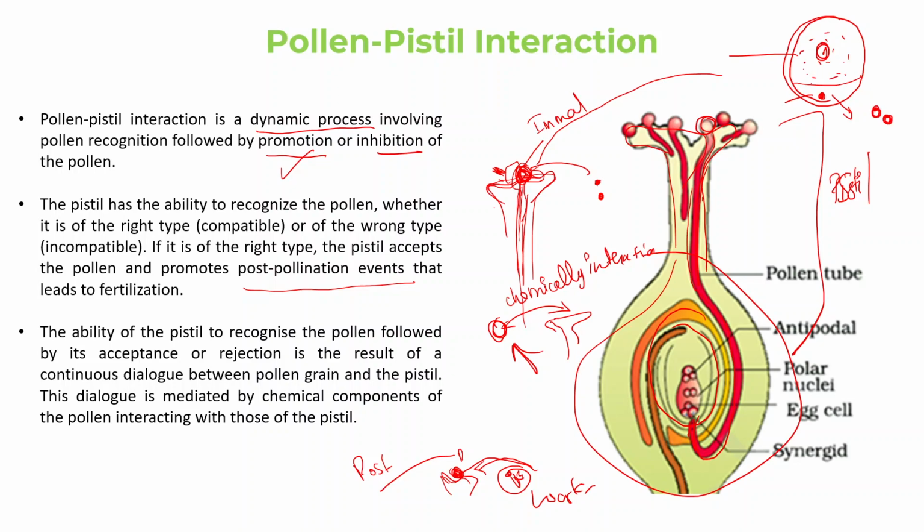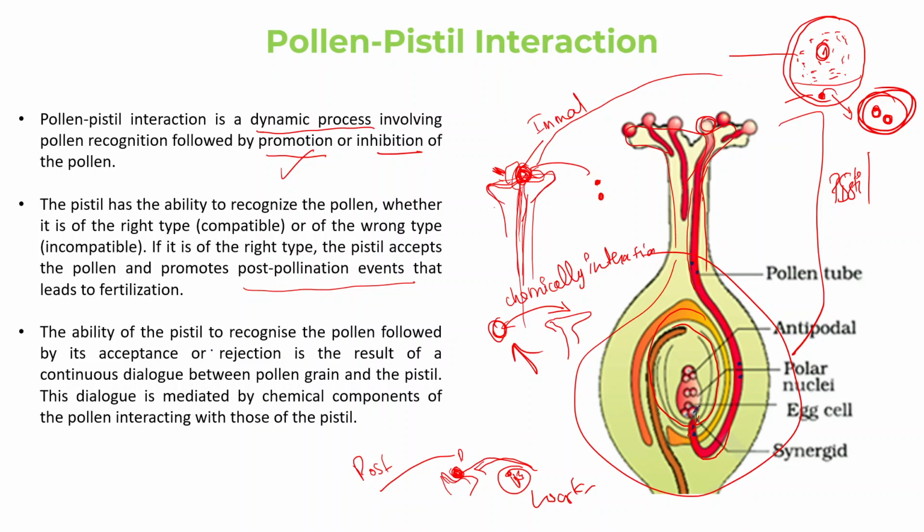The vegetative part is a food reserve for the pollen grain. So these two male gametes will enter along the length of the tube and reach inside.